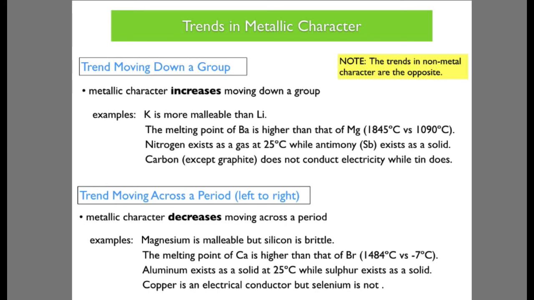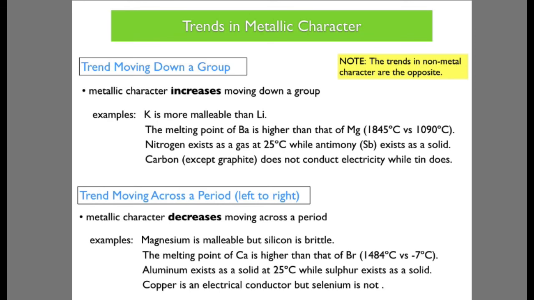Okay, let's have a look as you move across a period. The elements decrease in metallic character. Magnesium is malleable, but as you go along the period, you see silicon is brittle. You hit magnesium with a hammer, it changes shape. If you hit silicon, it breaks. The melting point of calcium is far higher than bromine, so as you go along the period, the melting point is dropping substantially.